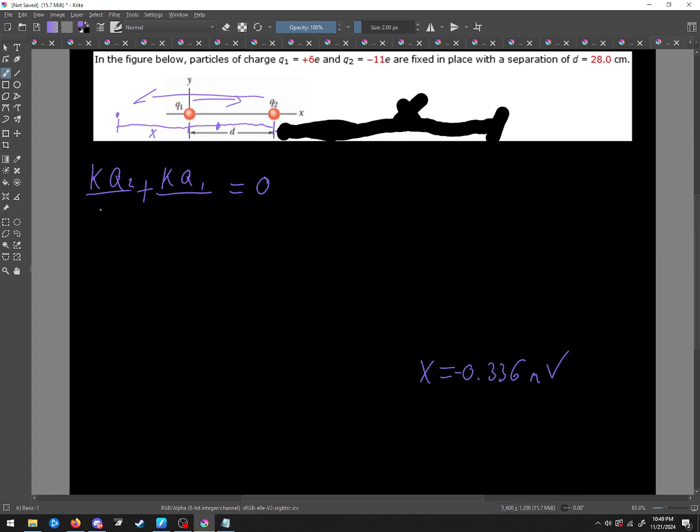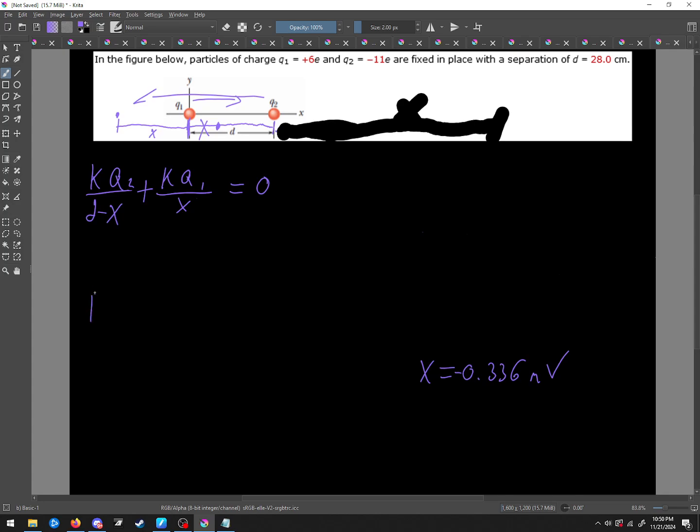D minus x. And then Q1 would be just x. If we're taking this point here to be x, which I think we are because this is situated at the origin. Okay.